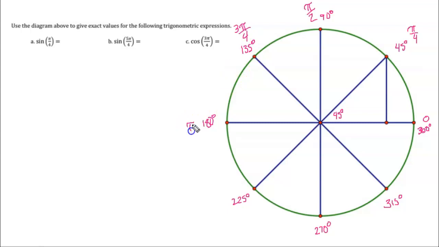This would be 4/4, which is just pi. 5/4. 6/4, which is 3/2. 7/4. And 8/4, which is just 2 pi. So that will give us all of our angle and radian measures for this circle.